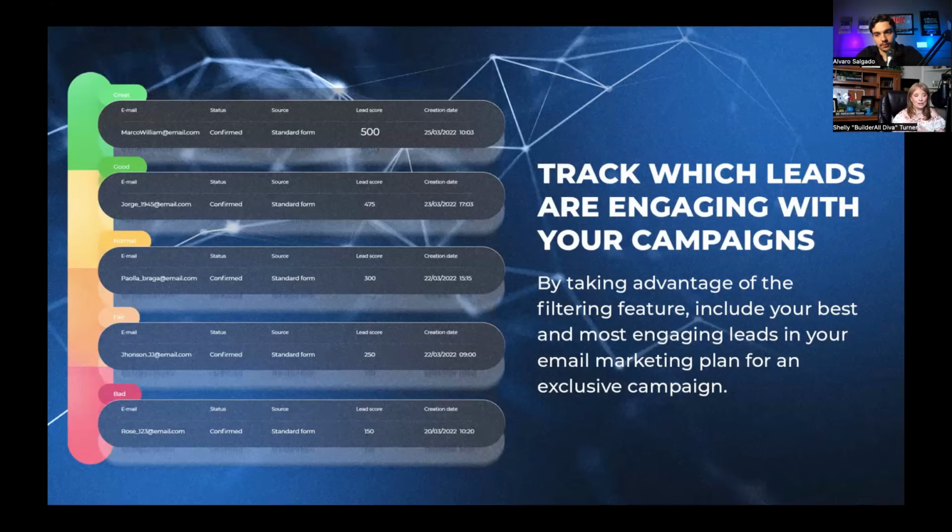I love this one. You can track which of the people that are subscribed to your list are engaging with your campaigns. We kind of mentioned this already. You've got the ability to go in there and actually remove people or move them to a different list, whatever you want to do. There's something called deadheads. These are people that either bounce or never open your emails. All of that hurts your reputation.